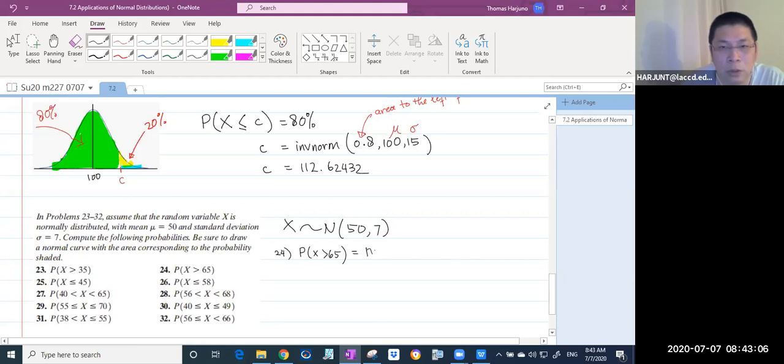So this will be normalcdf, 65, E99 for infinity, the mean is 50, the standard deviation is 7. Now let me ask you to do number 24, and then number 28, and then number 32. It should be a short one. Let's say 5 minutes.